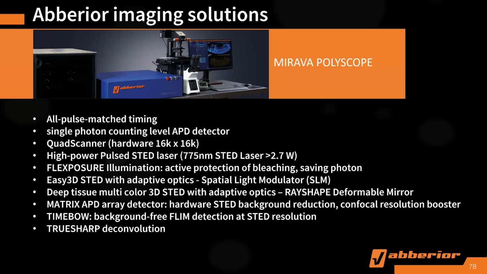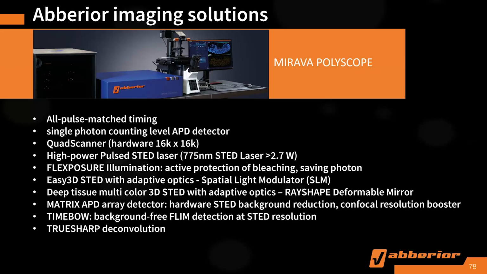And then based on this matrix array detector, we have our own deconvolution method. We call it TrueSharp. We deconvolve the image based on the background, based on the FLIM of each pixel. So actually it's not altering anything, it's not artificial, I would say, because with the normal conventional deconvolution method, you have to input theoretical numbers, right?